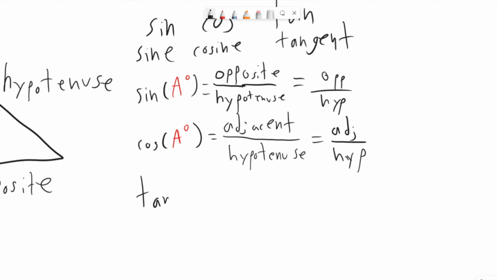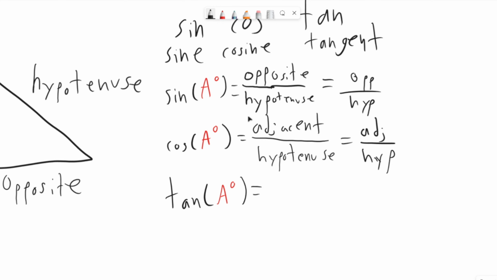So tangent of a degrees is going to be, instead of either these, opposite over hypotenuse and adjacent over hypotenuse, it is instead going to be remembered as still opposite on top, like sine.